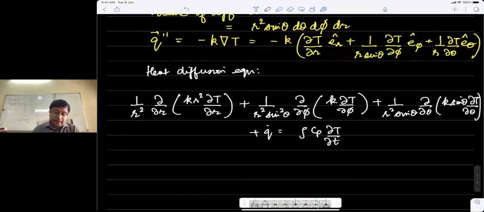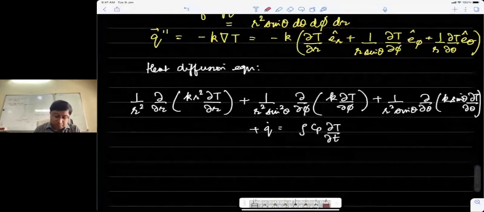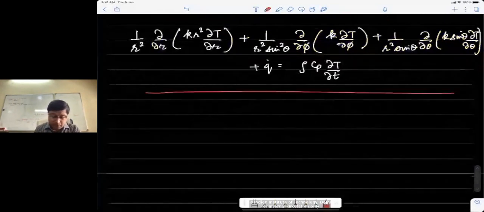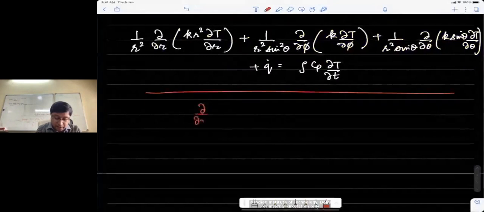And what I was saying earlier is something for you to remember, if you don't want to look at the book every now and then when a problem of this kind comes to you. If you remember, the first term in the Cartesian system was d by dx of k dt dx.